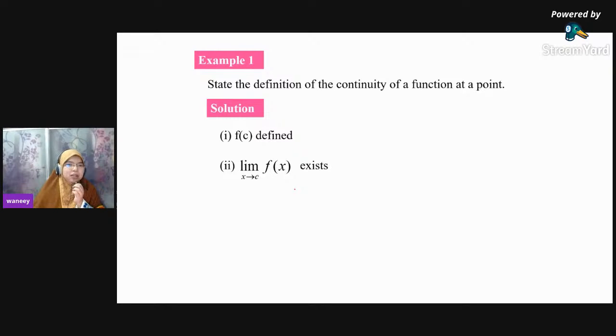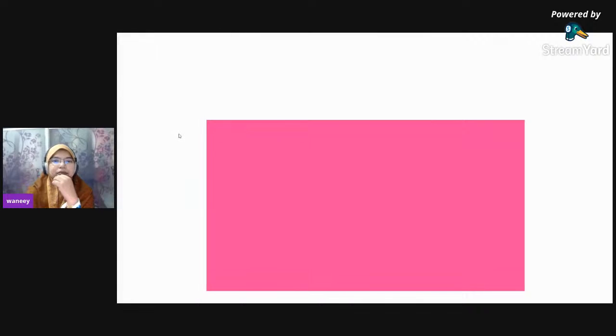That means the limit from the left hand side and right hand side of c must be equal. And then the third one, the limit for x approaching c for f(x) must equal f(c). The third one is actually the conclusion for the first and the second, so it concludes those two.